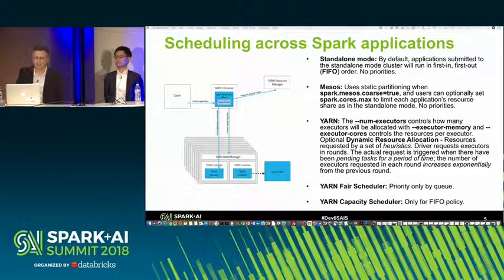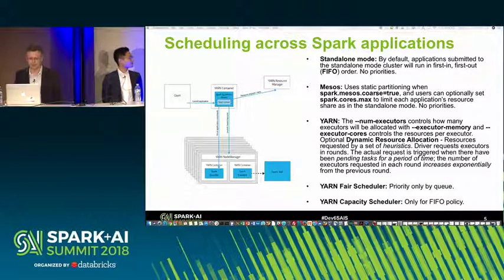For Yarn, as for standalone, it allows you to specify a number of executors and memory, and it has some additional dynamic resource allocation. That is basically a kind of heuristic allowing you to request more resources based on the current scheduling round. It triggers a request for more resources based on the number of pending tasks for a period of time.